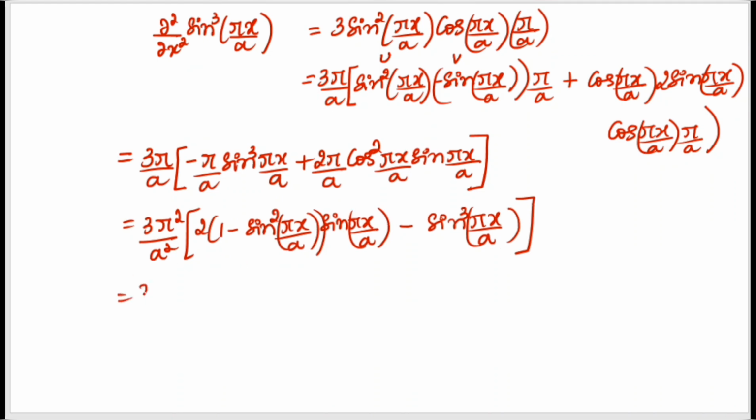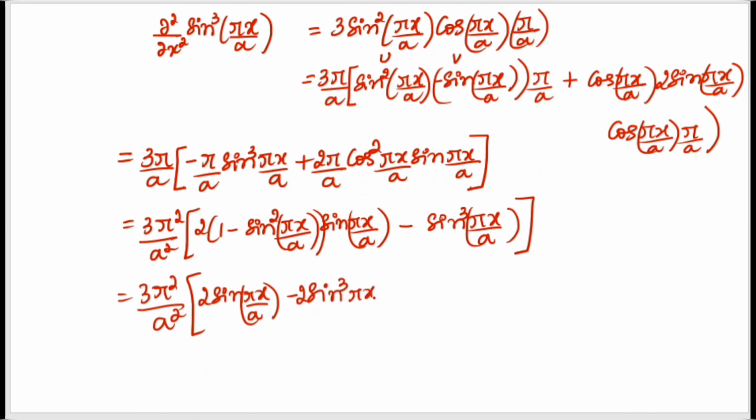Yes, we are left with 3 pi square divided by a square. Take the sine pi x inside, so it will be 2 times sine pi x divided by a minus 2 times sine cube pi x by a minus sine cube pi x by a.